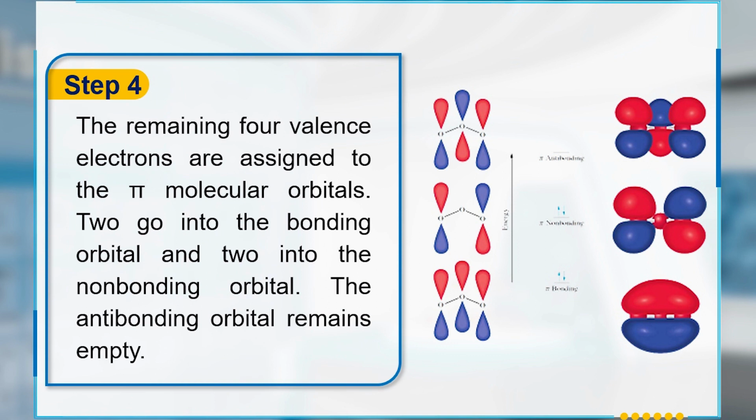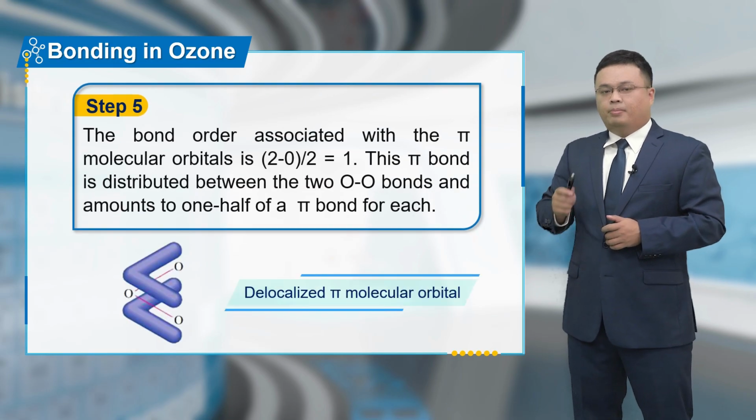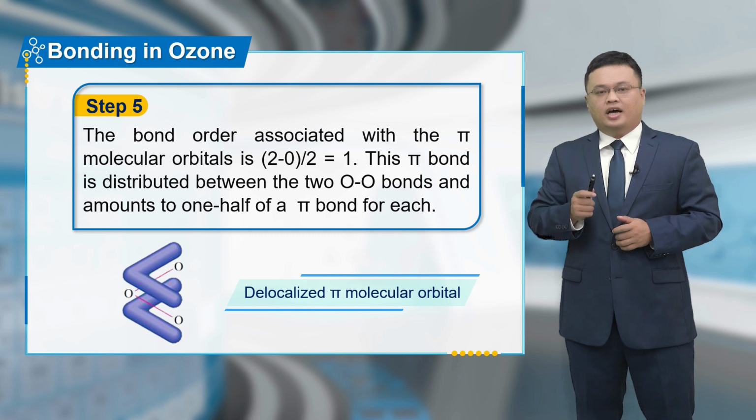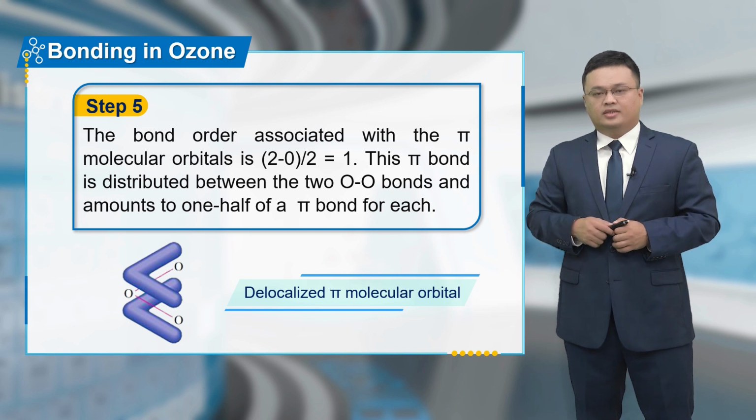Step 4. The remaining 4 valence electrons are assigned to the pi molecular orbitals. 2 go into bonding orbitals, and 2 into nonbonding orbitals. The antibonding orbital remains empty. Last step. The bond order associated with a pi molecular orbital is (2 minus 0) over 2, which equals 1.